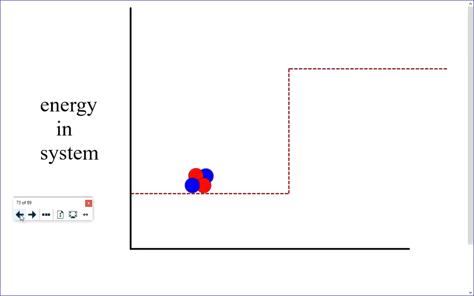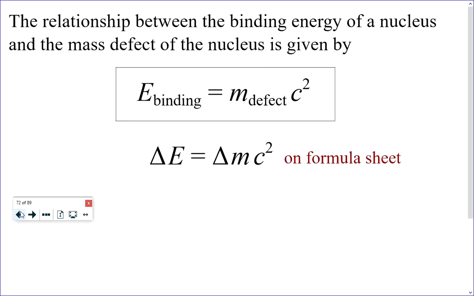And when you look at your formula sheet, you see the equivalence of E equals mc squared as delta E equals delta m c squared. And this will be under, I believe, quantum mechanics and nuclear physics.